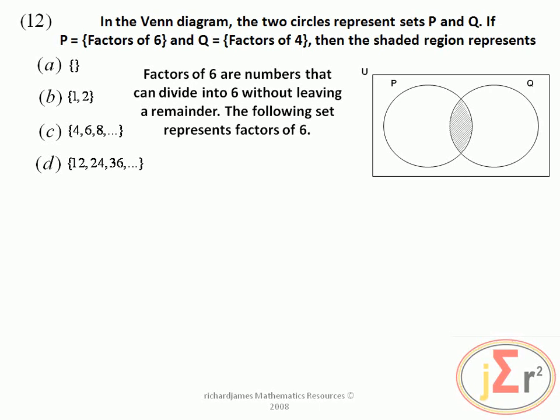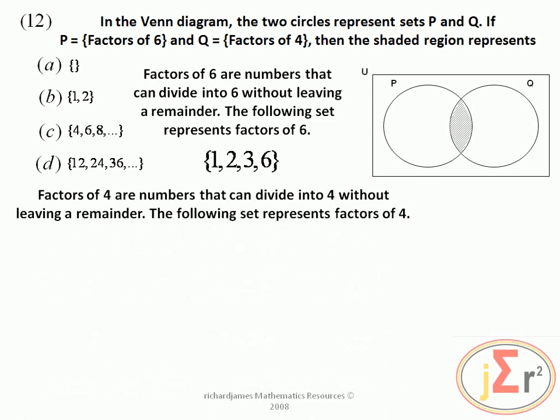The following set represents factors of 6. Those numbers can divide into 6 without leaving a remainder. Factors of 4 are numbers that can divide into 4 without leaving a remainder. The following set represents factors of 4.